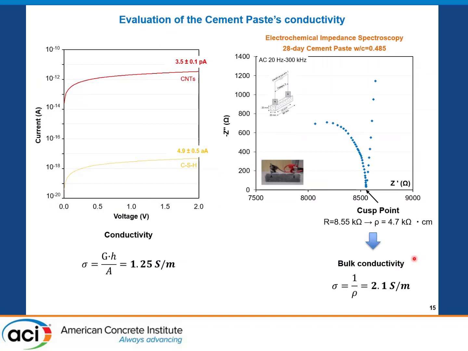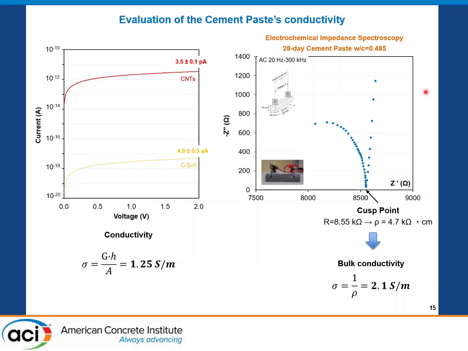Now, if we want to correlate the nanoscale results with the macroscale findings, we will have this slide here, this correlation. On the right part of the slide, we see electrochemical impedance spectroscopy measurements of a 28 days cement test with a water to cement ratio of 0.5.